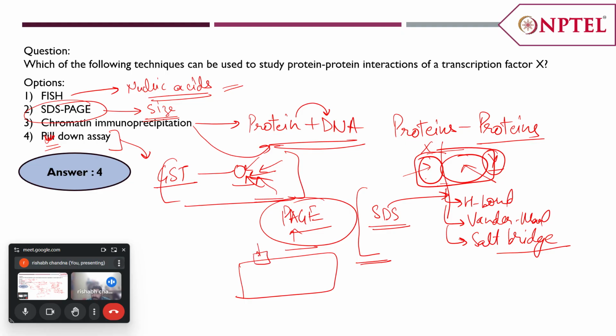In one well we add protein X, in one well only protein Y, and in the third well both protein X and Y. If we can see the two bands of protein X and Y here, and the interacted protein that we talked about here, that means these two proteins are interacting with each other. Okay, is the doubt clear?